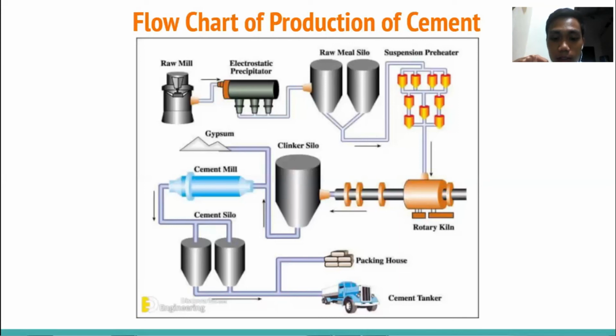Wet process has higher cost of production because of the use of water and it needs more amount of fuel. And capital cost of wet process is actually comparatively less as it doesn't have these huge blenders that the dry process has.